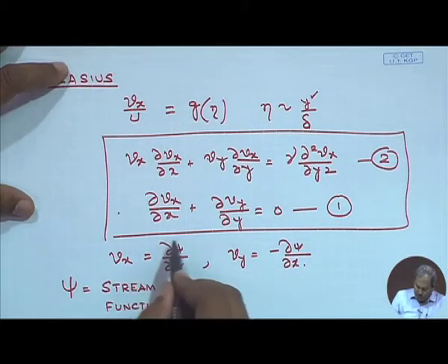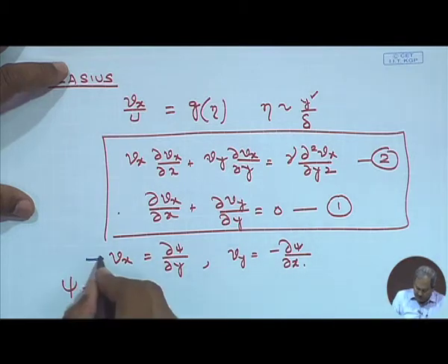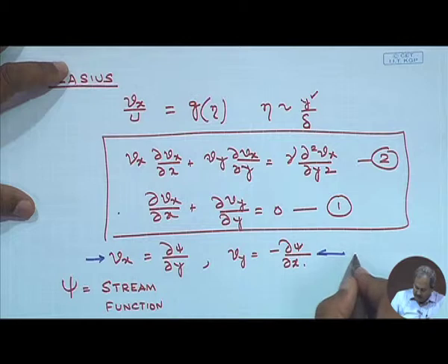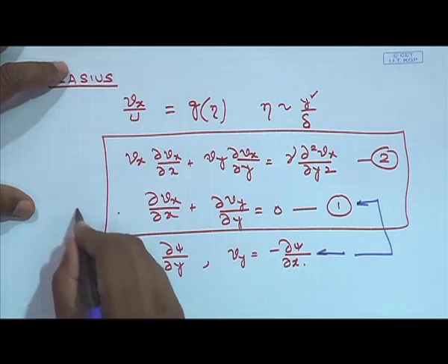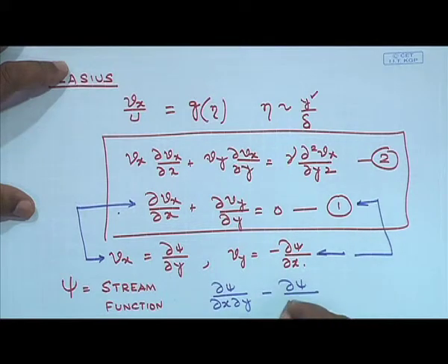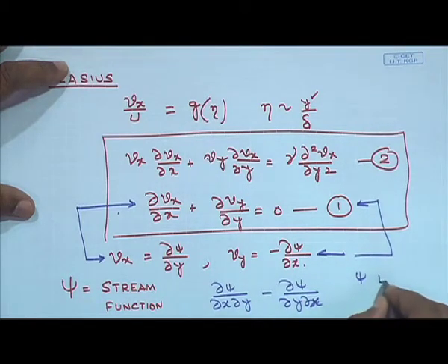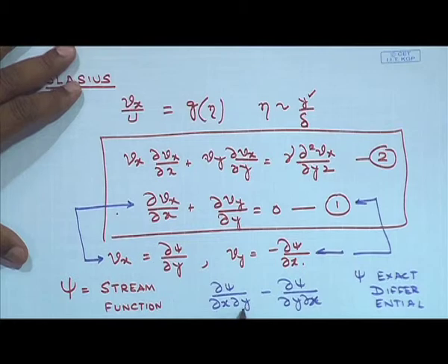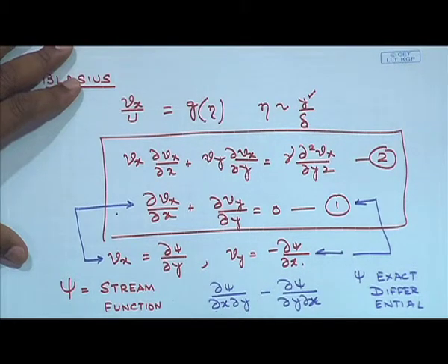If you plug these two definitions of Vx and Vy into equation 1, what you would see is del squared psi by del x del y minus del squared psi by del y del x, and psi being an exact differential, the order of the derivative is unimportant. So, therefore, the result of this would be equal to 0.